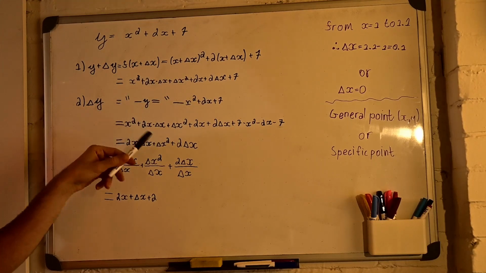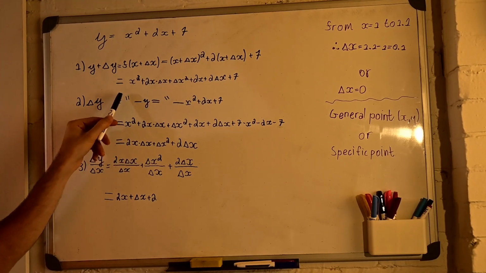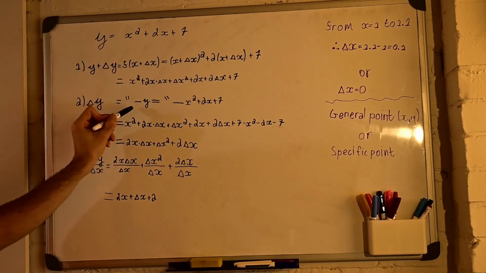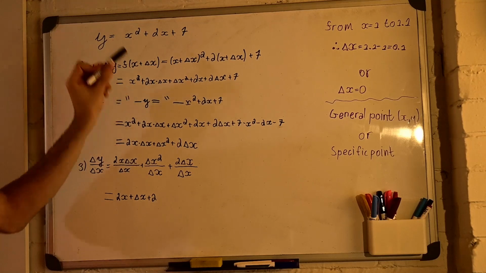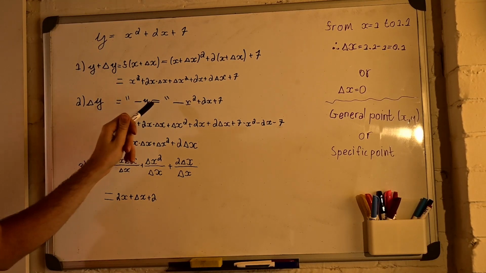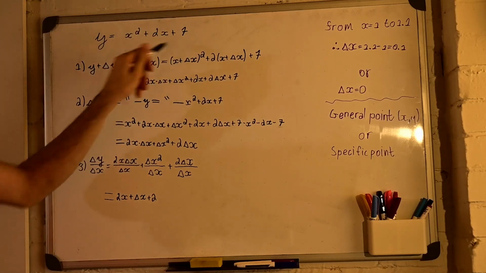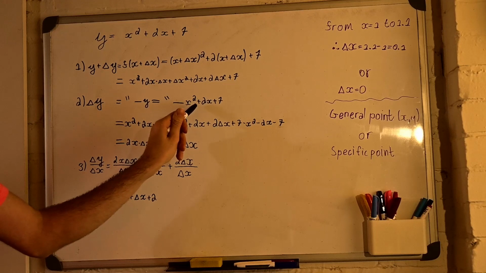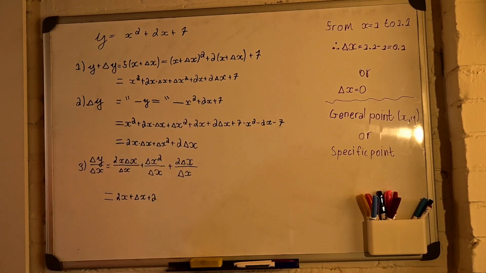So these 2 lines here just mean same as before. So all this, I didn't want to write it out again. So we have all this minus y, right? Because we subtracted y from both sides. Left side is just delta y now. And we know what y is equal to. So we have all this minus x squared plus 2x plus 7.